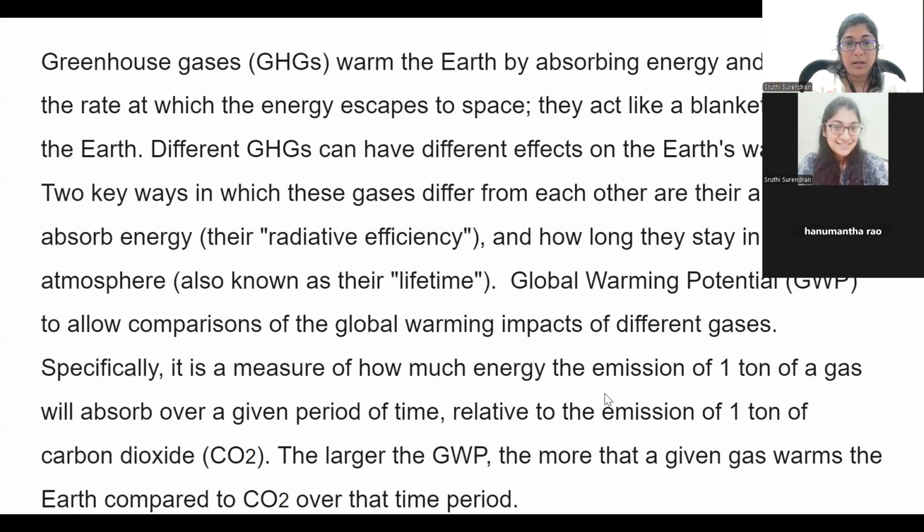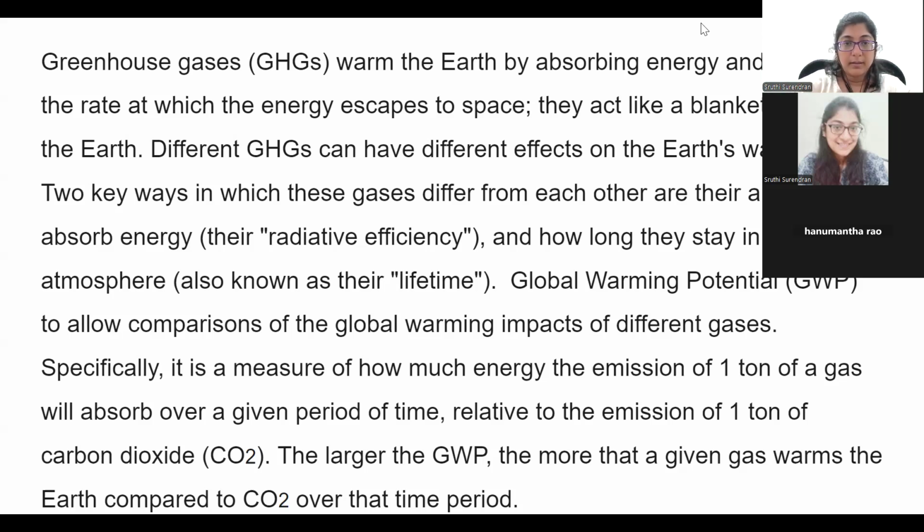They call this the radiative efficiency. The lifetime, how long this gas is going to stay in the atmosphere, is another factor that defines the global warming potential of a greenhouse gas.